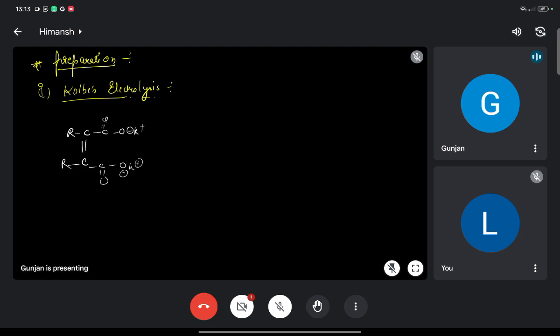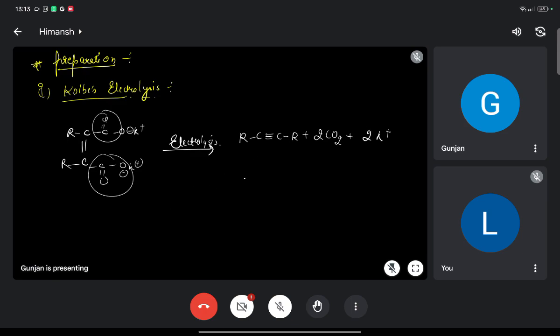In the last part, what I told you is to remove this CO2 and create a multiple bond between the two carbons. Got it? Do you want me to write down the mechanism? Yes ma'am.